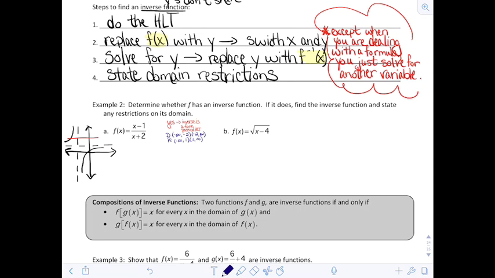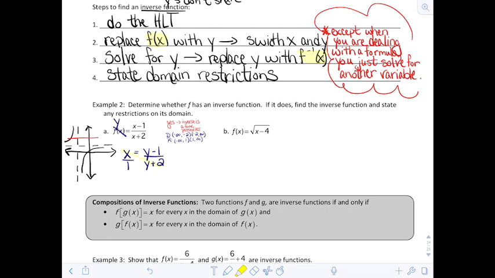All right, so now we're going to replace f of x with y. And I'm going to switch x and y. So now I'm going to write my equation as x equaling y minus 1 over y plus 2. So I have to solve for y, and I have it in two different places. I'm going to proceed like normal. Think about x being over 1 and just solve it like a proportion.